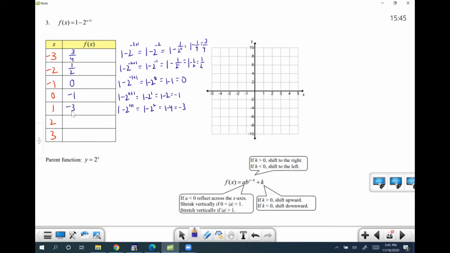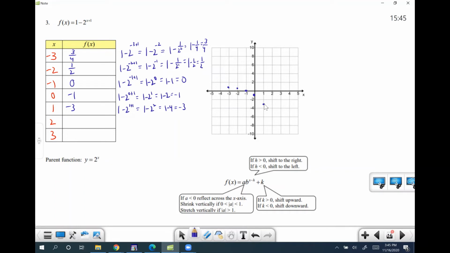All right, let's see if this is enough for us to get the graph going. -3, up 3/4. -2, up 1/2. -1, 0. 0, -1. And 1, -3.